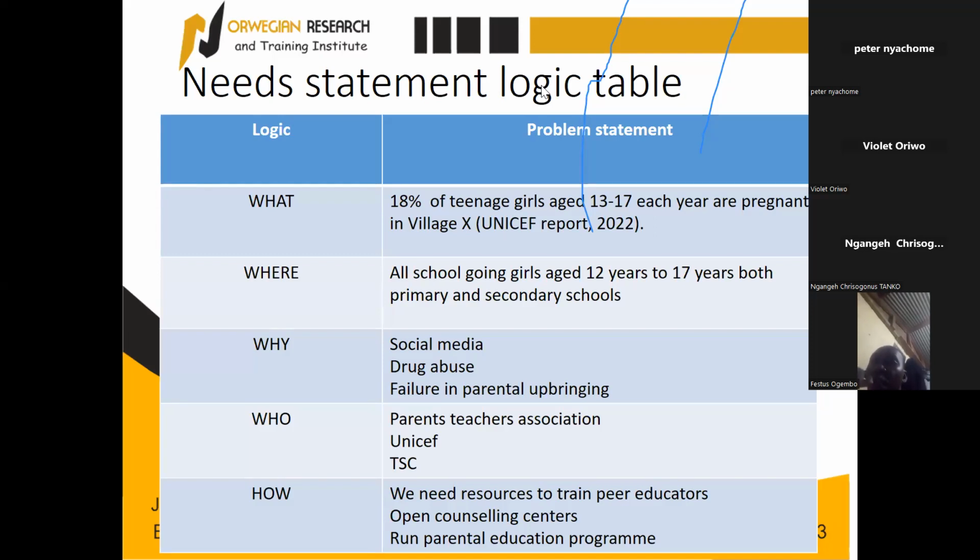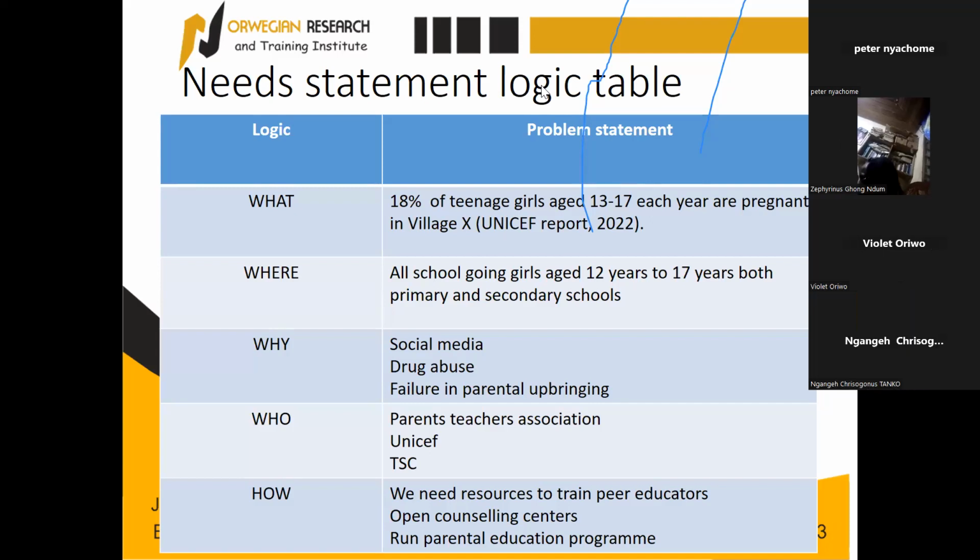And who are the people who want to solve this? So that is who. Who are now the group that have partnered together to bring this matter to an end? All your partners need to be mentioned here, because it's not only you. We try to work like a union in the field of social development.